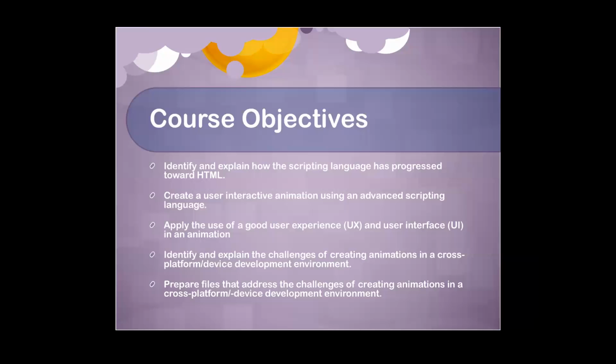Now, what that's talking about is you create one thing, and it gets to be used and viewed in a variety of different devices. For example, on a laptop, or on a desktop with a big screen, or on a tablet, or on a smartphone.